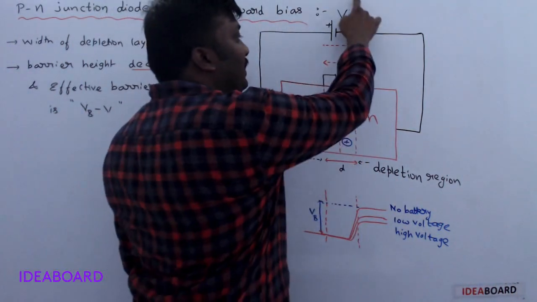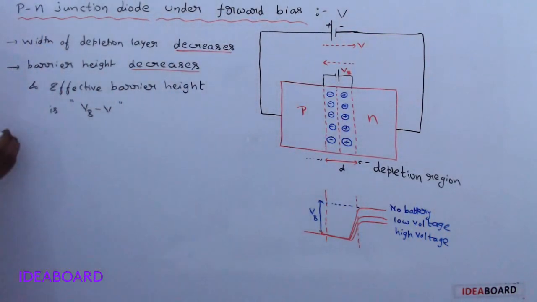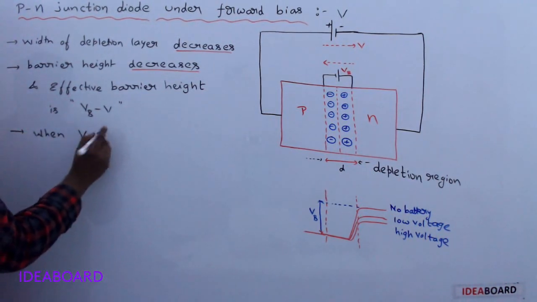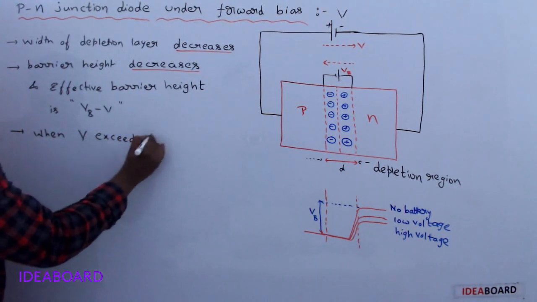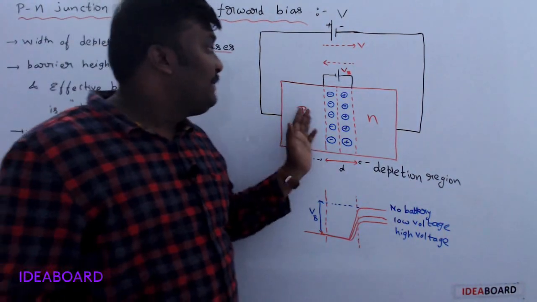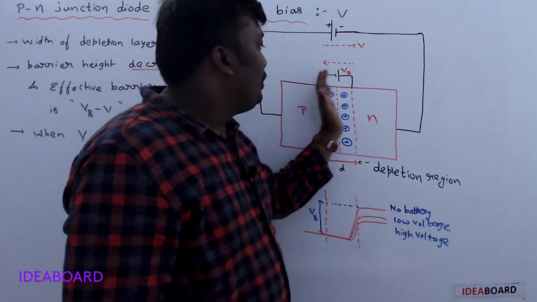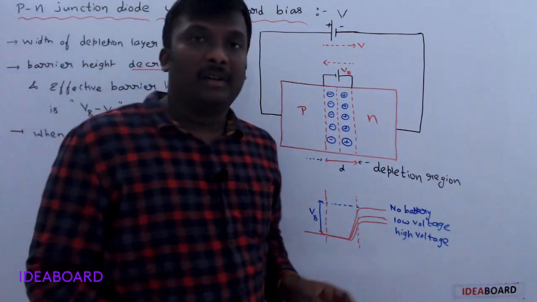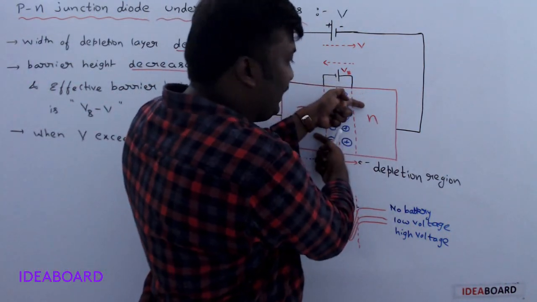Whenever the applied voltage V exceeds VB, these majority charge carriers start flowing from one region to the other region.